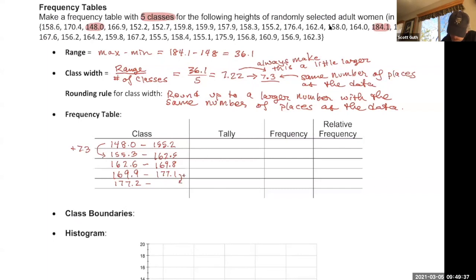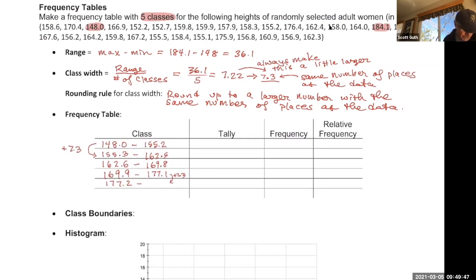So 177.1 plus 7.3 is 184.4. So these classes are all the same width. Okay, so any questions about that? So we're adding 7.3 as we go down the table, not across the table.